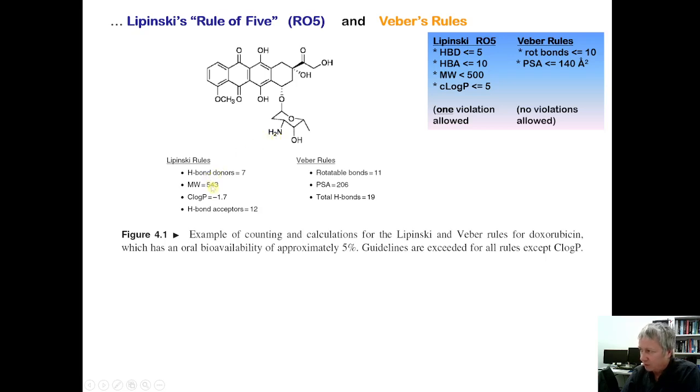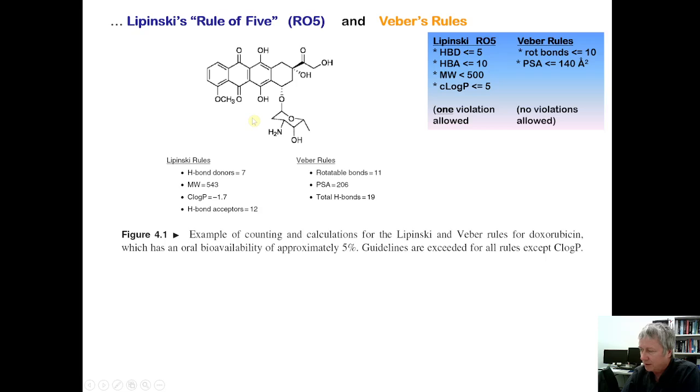Molecular weight's 543. C log P is pretty small, so it's pretty aqueous, or it's pretty polar. And hydrogen bond acceptors are 12, so that's all the oxygens and nitrogens. Let's see, I think 1, 2, 3, 4, 5, 6, 7, 8, 9, 10, 11, 12.